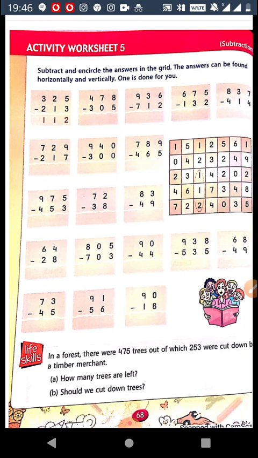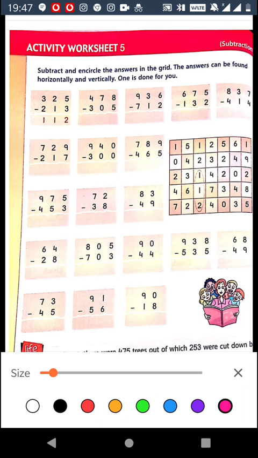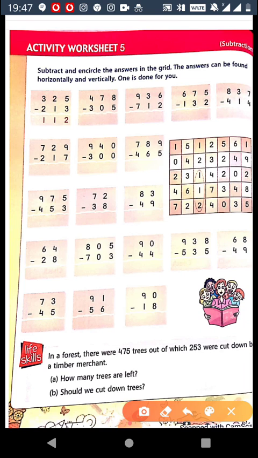So out of 475 trees, 253 were cut down by a timber merchant. How many trees are left? So for this, what do we do? Out of 475 trees, how many trees are cut? 253 trees were cut. So how many trees are left now?